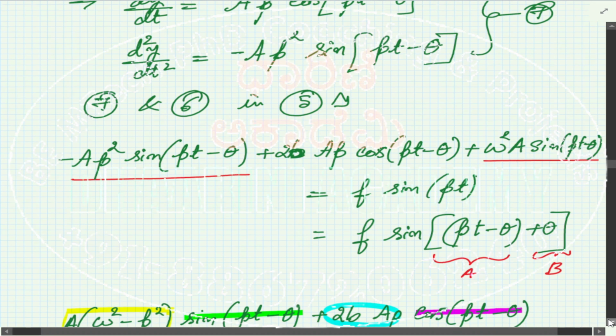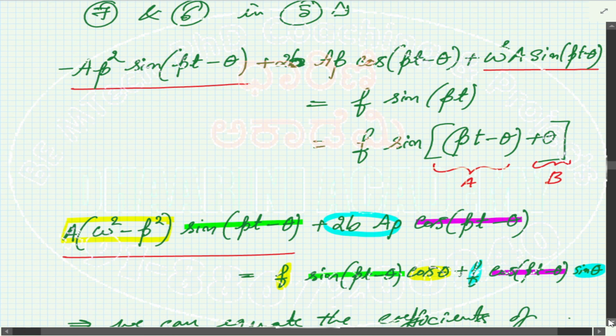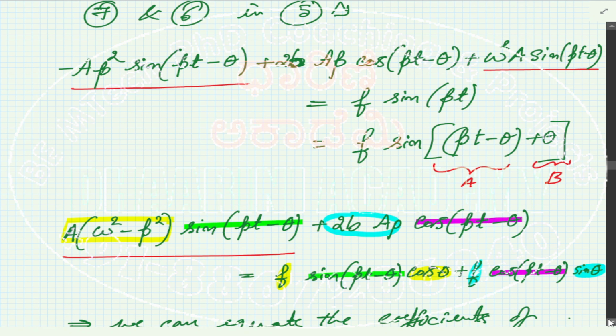Using these two values in the fifth equation, we get minus a p² sine(pt minus theta) plus 2b a p cos(pt minus theta) plus omega² a sine(pt minus theta) equals f sine pt. This is equal to f sine of (pt minus theta plus theta).